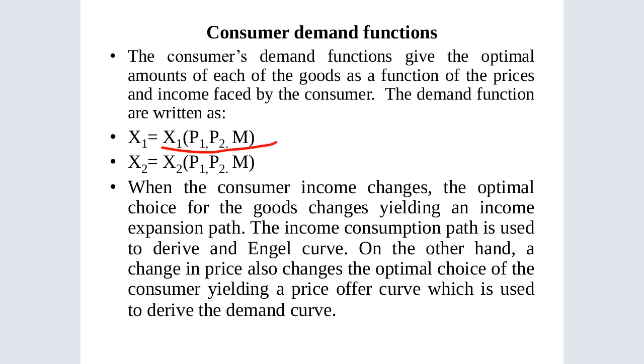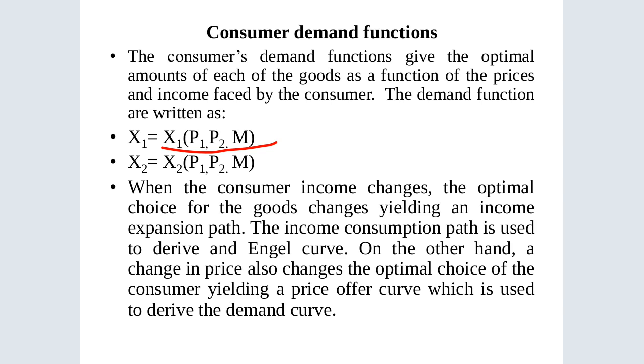M represents the consumer income. And for commodity 2, the quantity demanded is represented as a function of the price of commodity 2 and the consumer income.